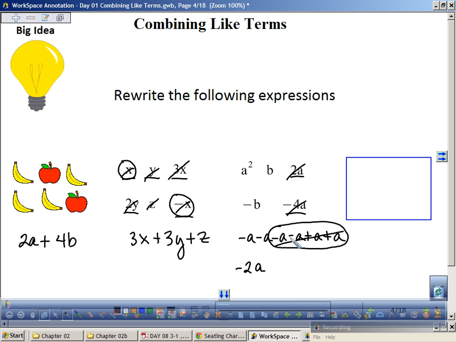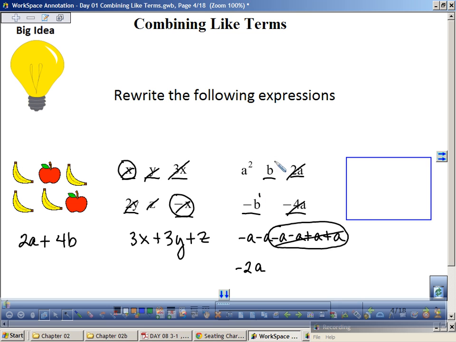Let's see. How about Gilbert? Can anything else be combined? I can combine, they have the same variable and the same power.